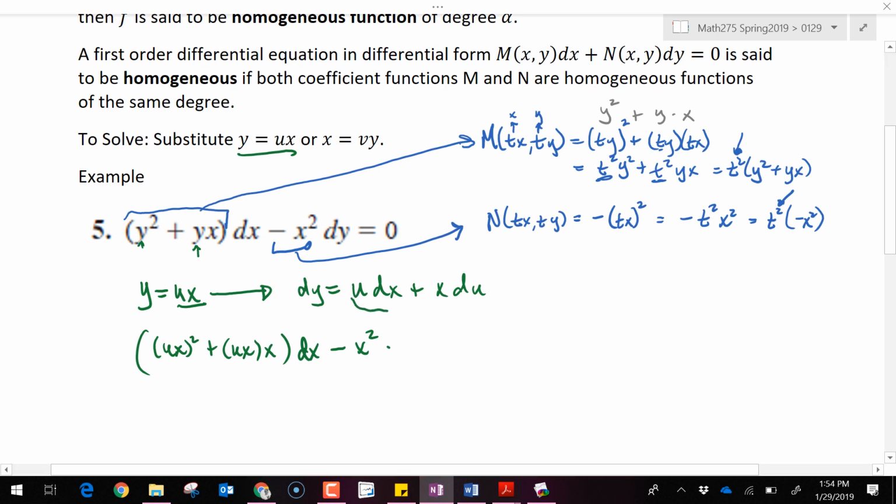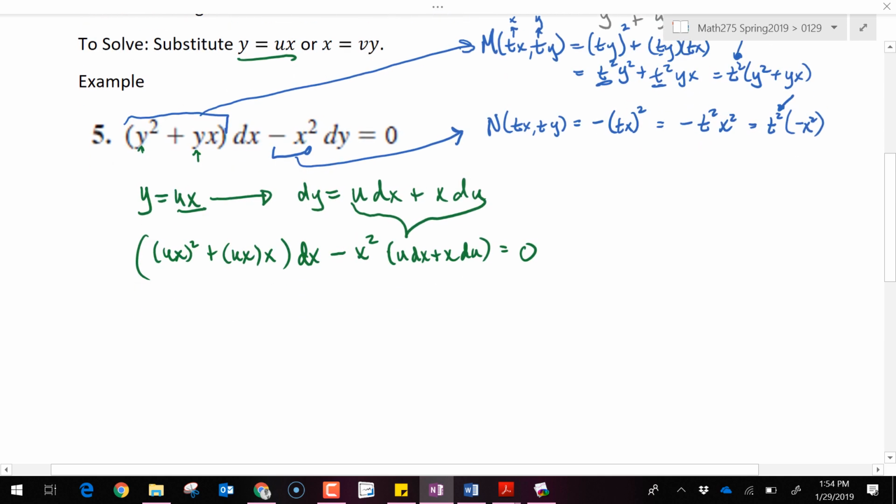So this is dy. So now I have x's and u's in my differential equation. I suppose I can try to simplify this a little bit. This would be u x squared dx minus x cubed du, and this is a dx thing. u x squared dx plus u x squared dx.